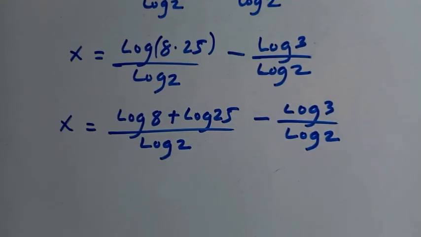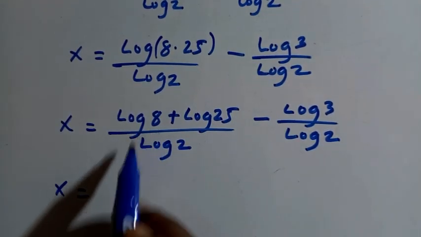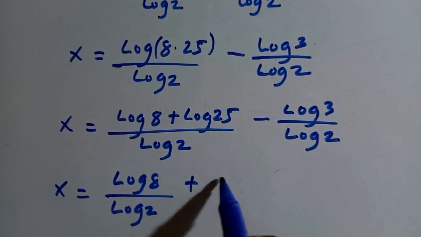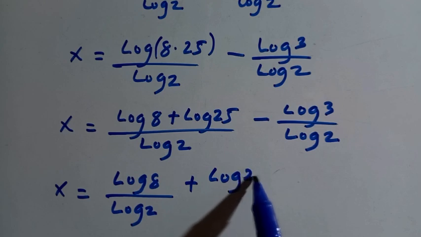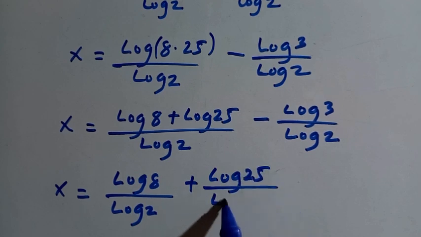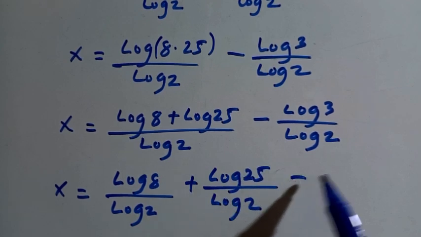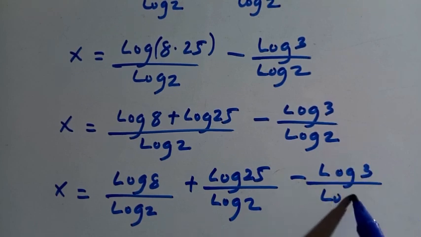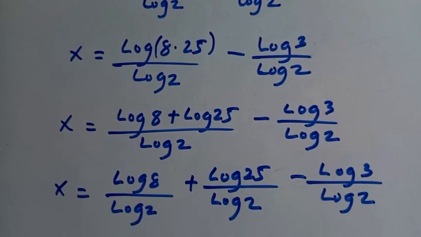And next we have x equals, so when we separate this, log 8 divided by log 2 plus log 25 divided by log 2 minus log 3 divided by log 2.